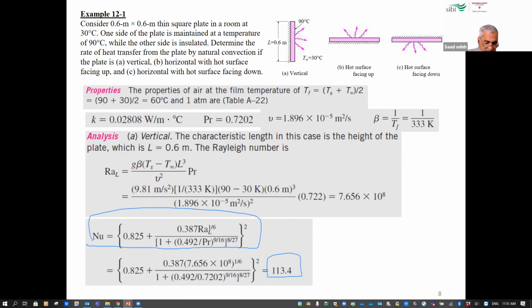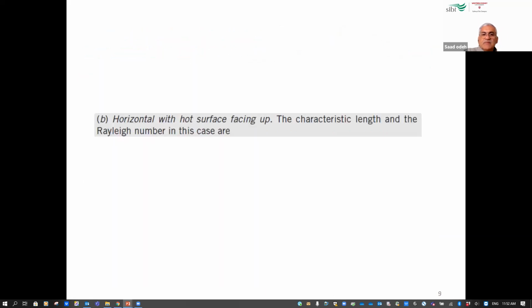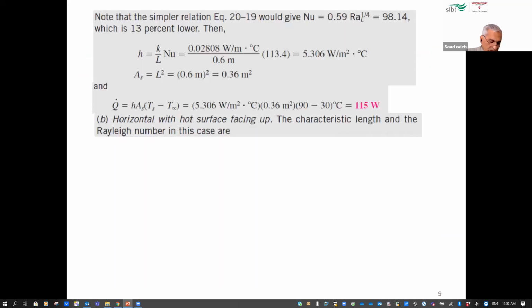So we're going to use this formula to find the H value. Once we found the Nusselt number, we can find H. For this case, H is equal to 5.306.